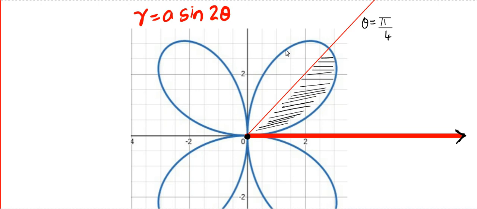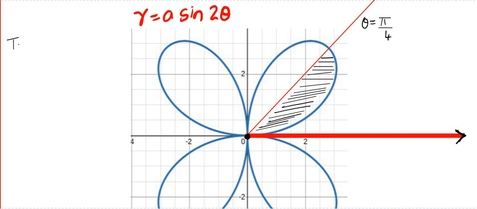Or if I want, I can find the area from 0 to pi by 2 and multiply by 4 times. But do you know why I am doing that from pi by 4? If you are good in beta gamma integrals, which you learned previously, you will understand why we are doing from 0 to pi by 4 instead of 0 to pi by 2.